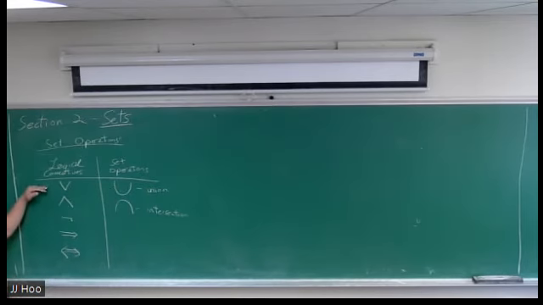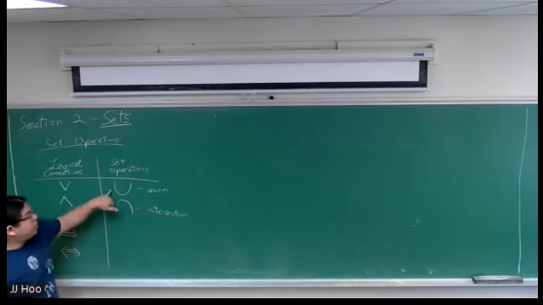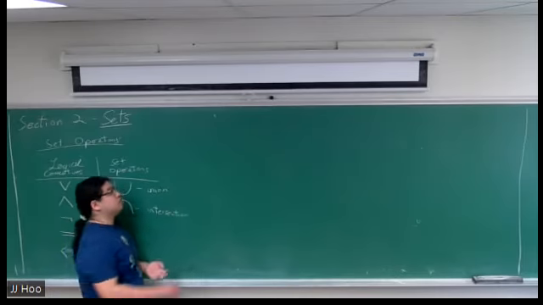Let's look at here. The conjunction and disjunction, right, happen for connecting two statements. So in here, we'd expect them to connect two sets.